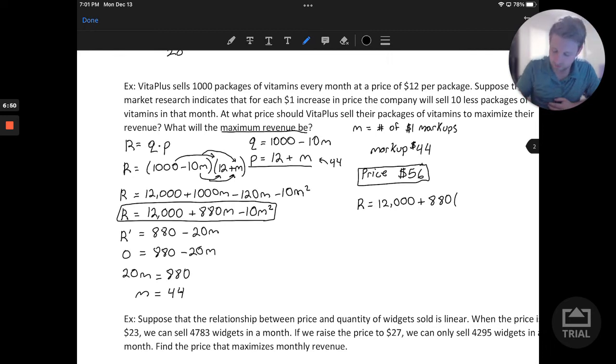Or actually, and this is based on markup, so be careful with this. The m here is still 44. So we're going to do 44 as the input, minus 10 times 44 squared. So go ahead and take that, and I'll confirm this as well.